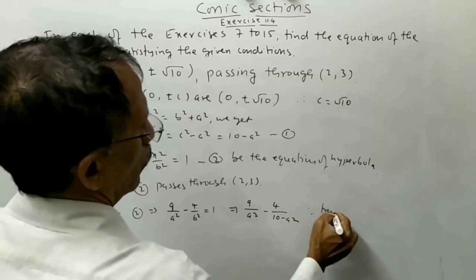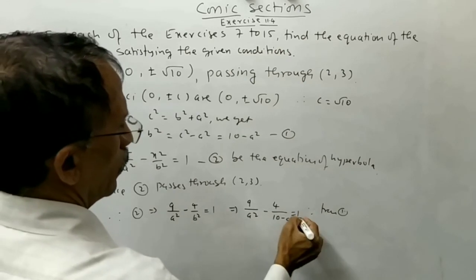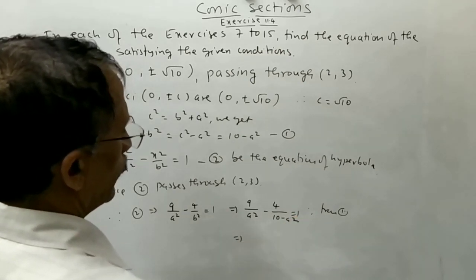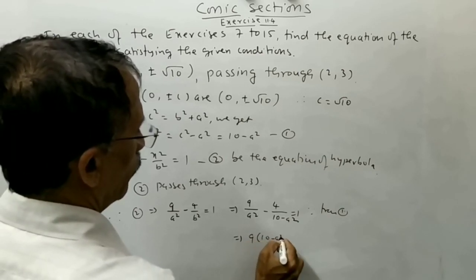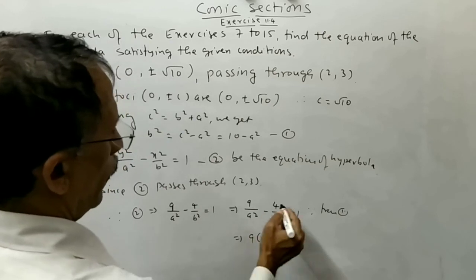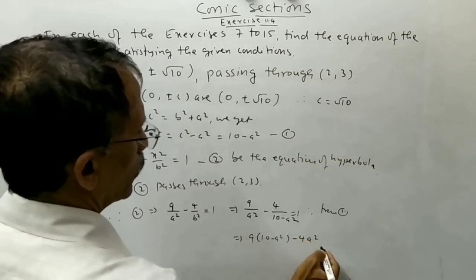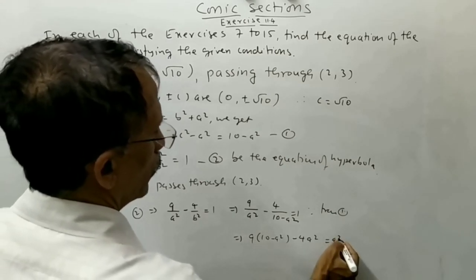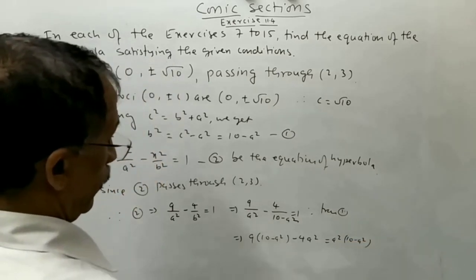This implies 9 into 10 minus a square minus 4 a square is equal to a square into 10 minus a square.